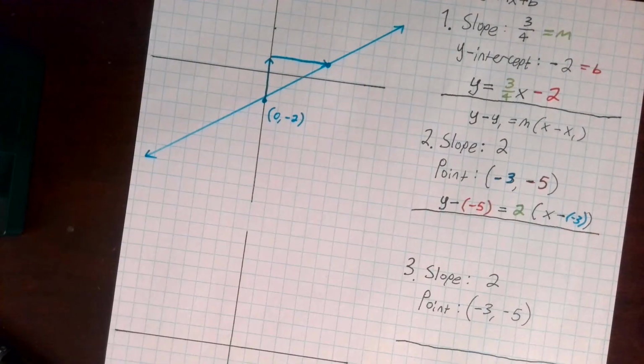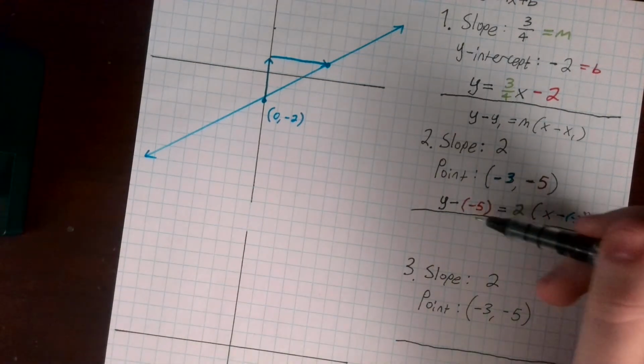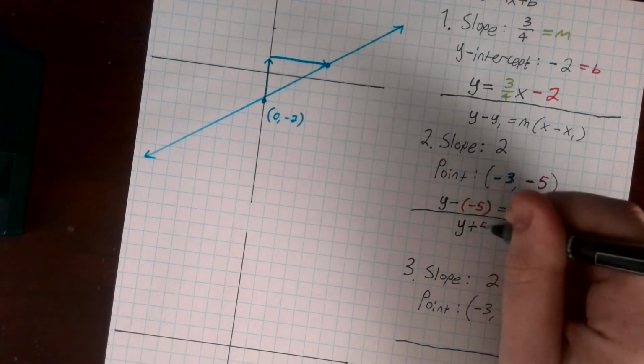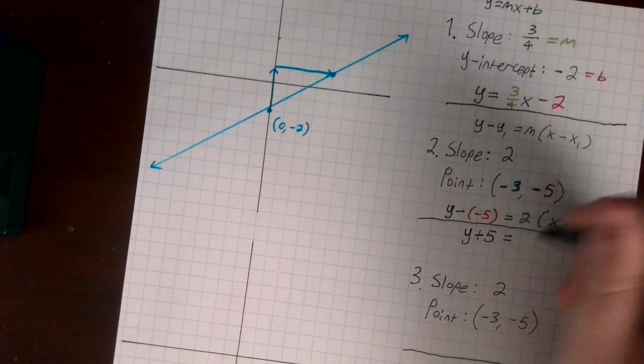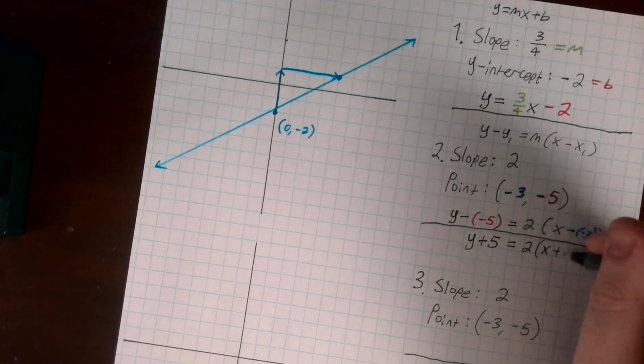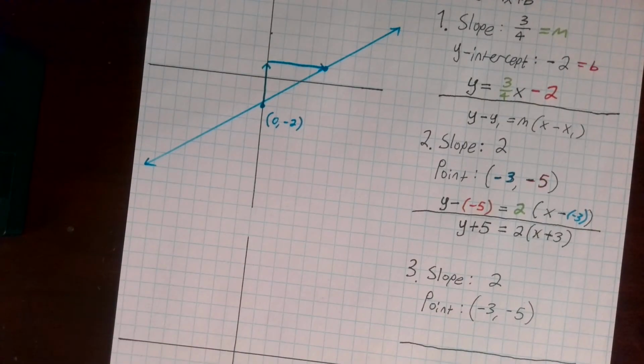The thing about this, though, is that it doesn't look neat because we have all these minus negatives. To simplify, remember that minus and negative is the same as plus. So our final answer is y plus 5 equals 2 times x plus 3. There we go.